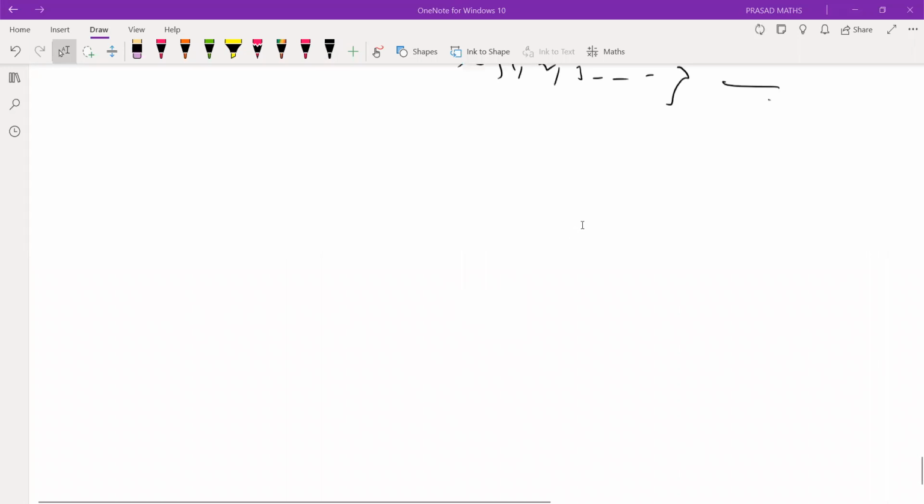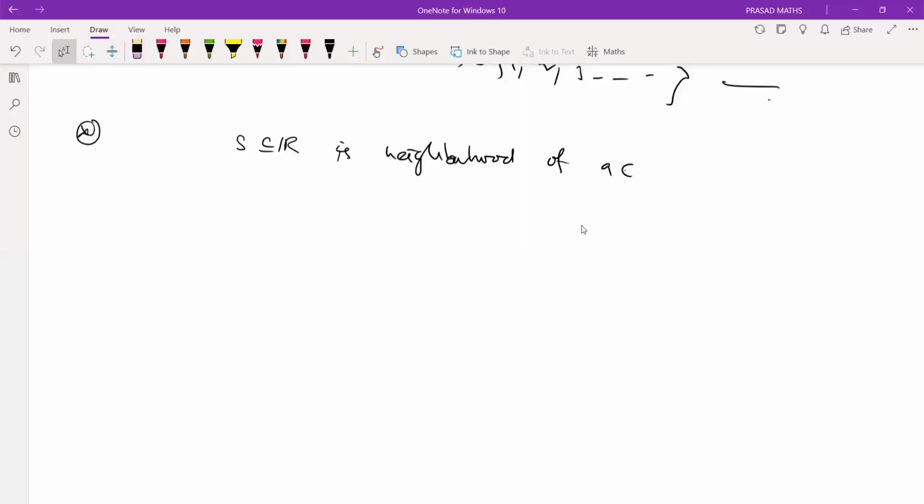Okay, next is: suppose S is a neighborhood of a point A. So you take any superset.